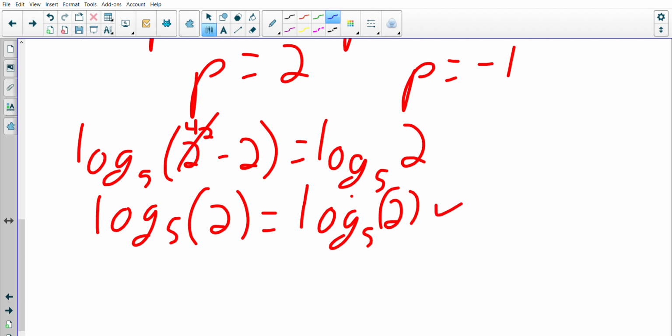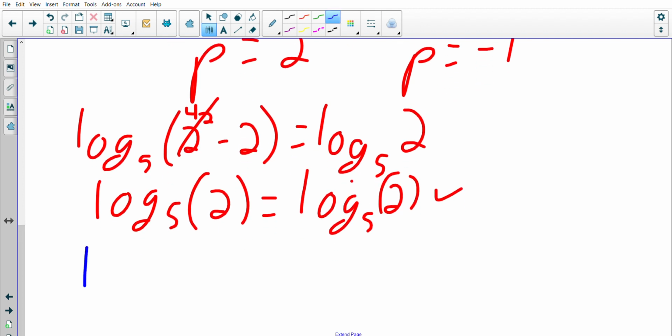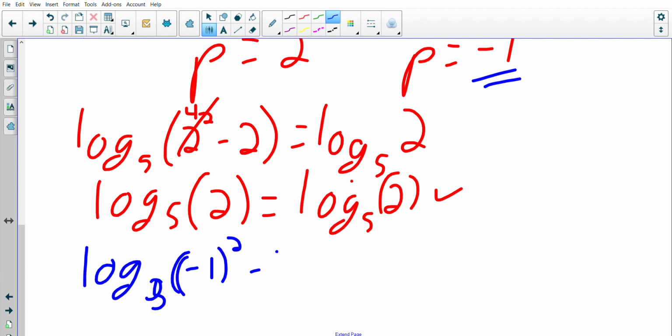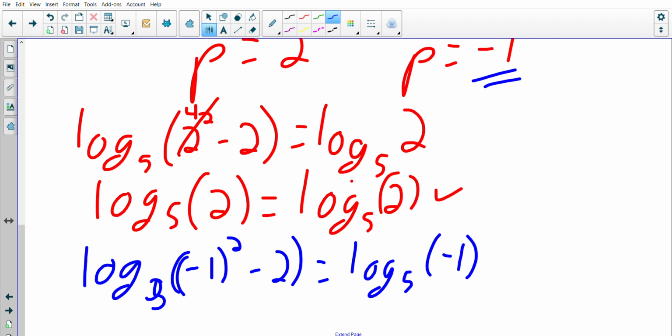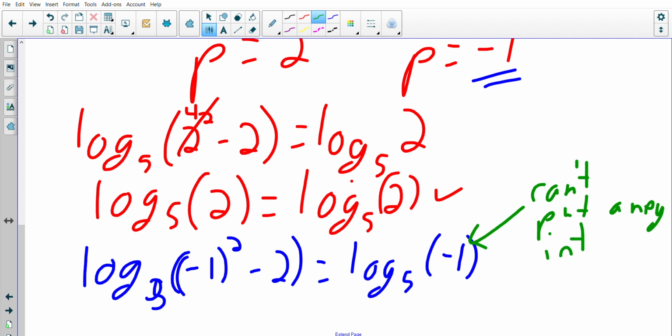And right away, before I even do any work, this is what's great. If I get log base 5 of negative 1 squared minus 2 equals log base 5 of negative 1, right there, you cannot put a negative into a logarithm.